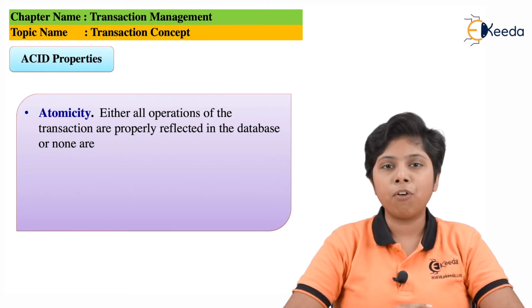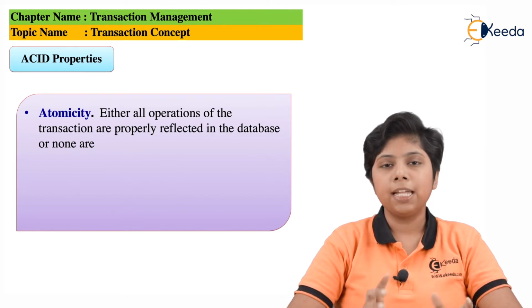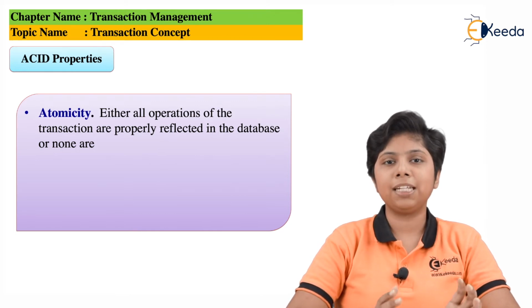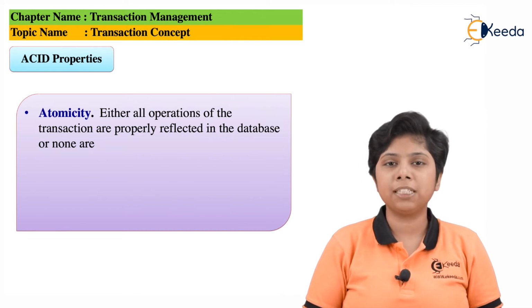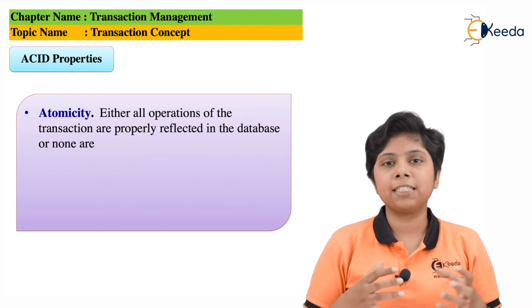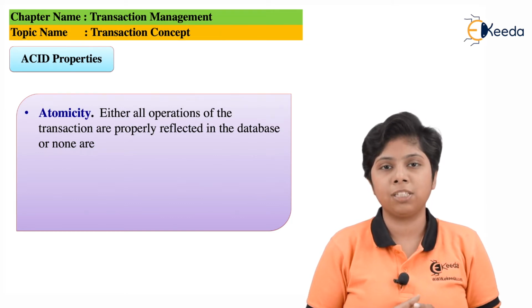If you are performing a set of operations that will do a single task, then you need to perform those operations in such a way that either they are all performed, or it is considered that they are not performed. It cannot be that some of the operations are performed and some are left to complete a transaction.